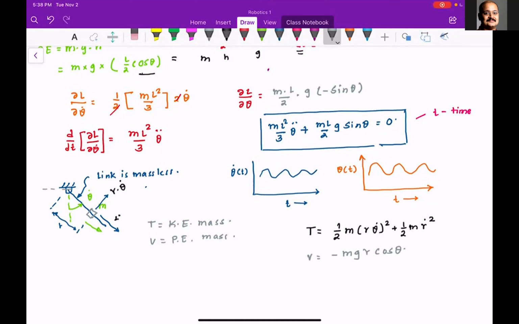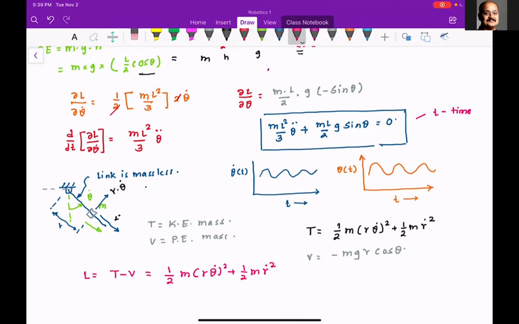mgr cosine theta. Everyone understood this? Can you write the Lagrangian now? That's it. So Lagrangian is done. Lagrangian is equal to T minus V, which is 1/2 m r theta dot square plus 1/2 m r dot square.